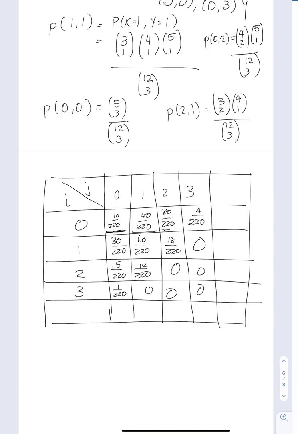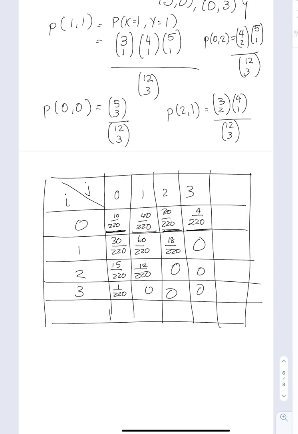The third entry is 0 red and 2 white, and the fourth entry is 0 red and 3 white. If you add up all these 4 numbers, what are you going to get? You're going to get the probability of there being 0 red, because 0 red can occur in 4 ways: with 0 white, 1 white, 2 whites, or 3 whites. All right? So summing each row gives you the probability X equals I.